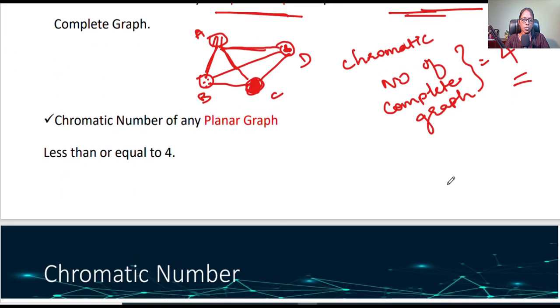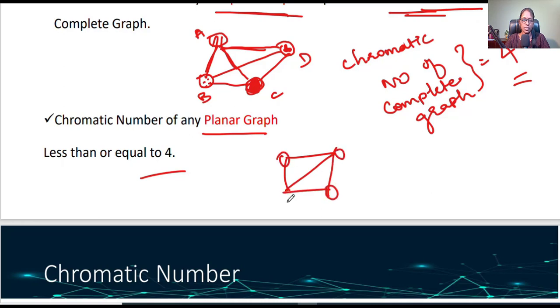And the chromatic number of any planar graph is always less than or equal to 4. So what is a planar graph? A graph in which no edges intersect with each other. If this is a planar graph, where no edges are intersecting each other, how many colors does it require?